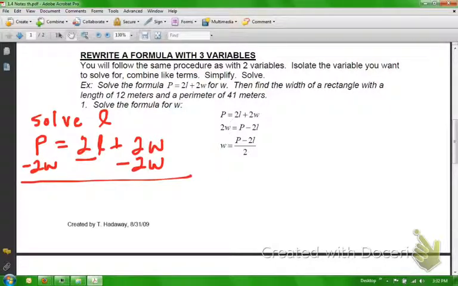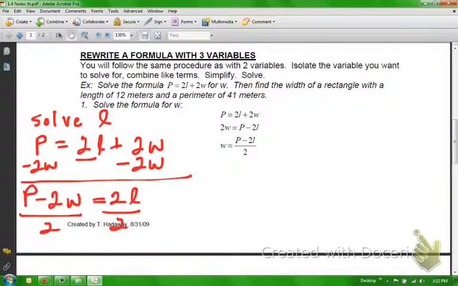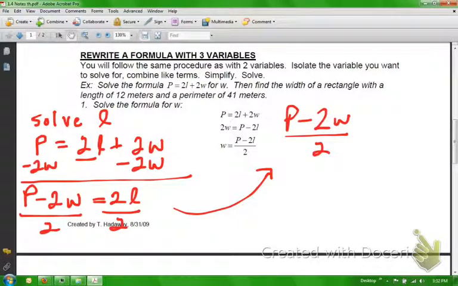Algebra is about doing and undoing. So P minus 2W equals 2L. Multiplying L by 2, the opposite of multiplying is dividing. So this gives us P minus 2W over 2 equals L. And there you go, formula for length.